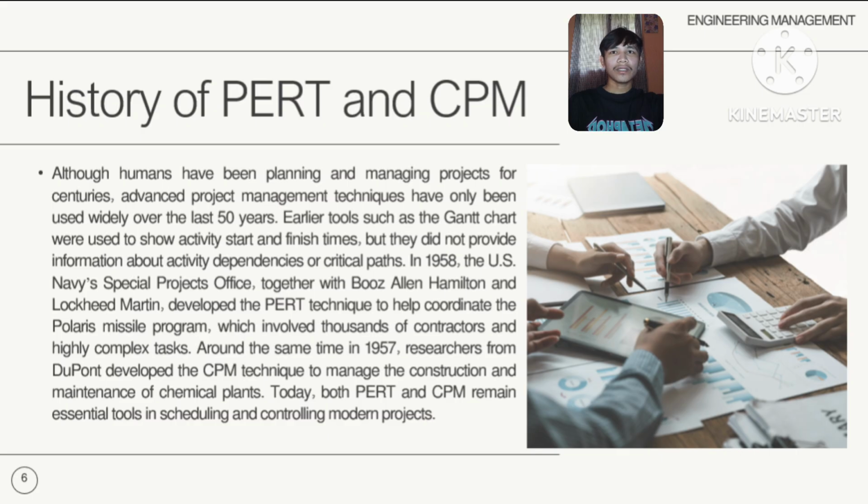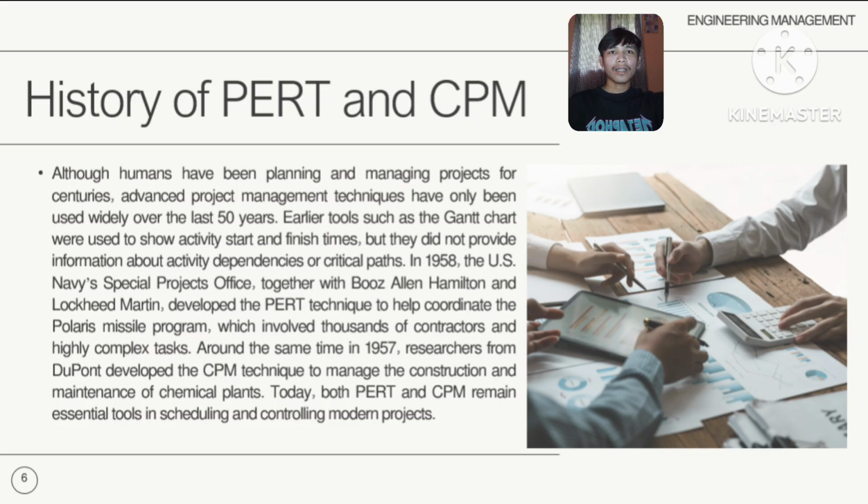Earlier tools like the Gantt chart could show start and finish times but lacked information about activity interdependencies and the critical path. PERT was developed in 1958 by the US Navy Special Projects Office, along with Booz Allen Hamilton and Lockheed Martin, specifically to manage the highly complex Polaris missile program.